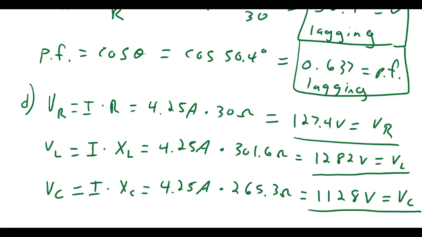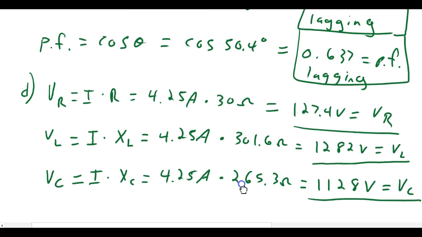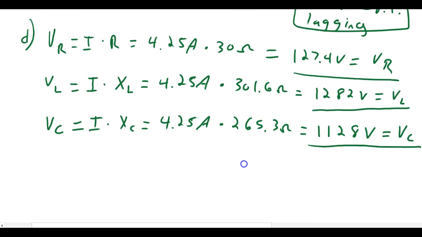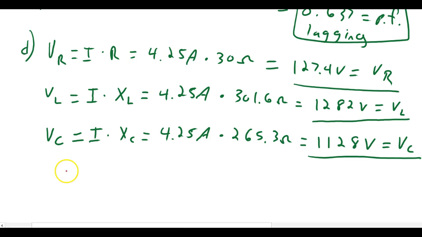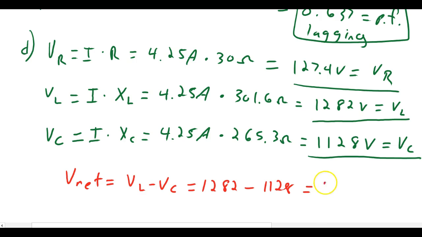So if we calculate V net, which would be the voltage drop across the combined reactance of the inductor and the capacitor, remember that V net will be equal to VL subtract VC, and we have 1282 subtract 1128, or 154 volts, which is indeed smaller than the source voltage.